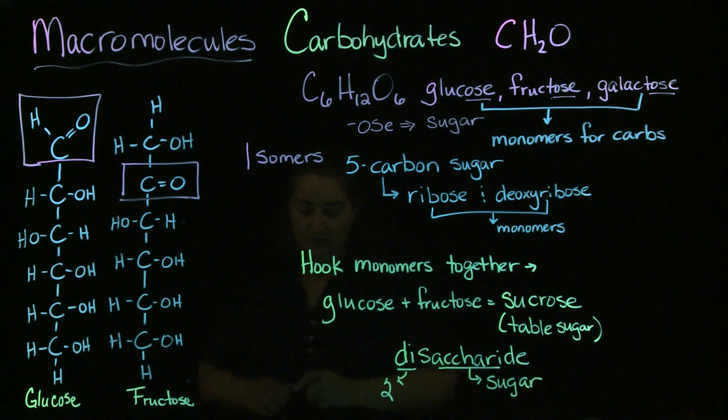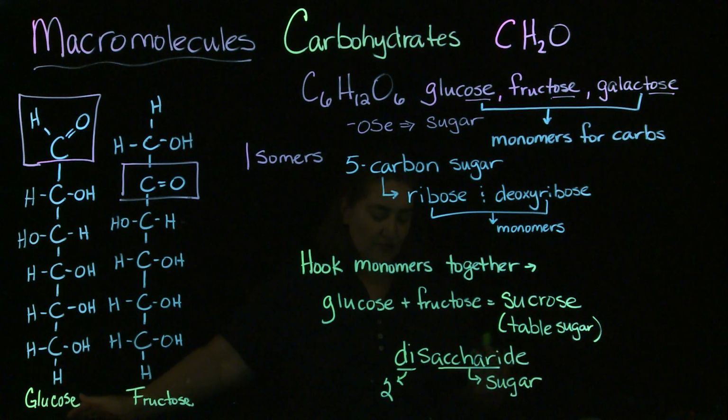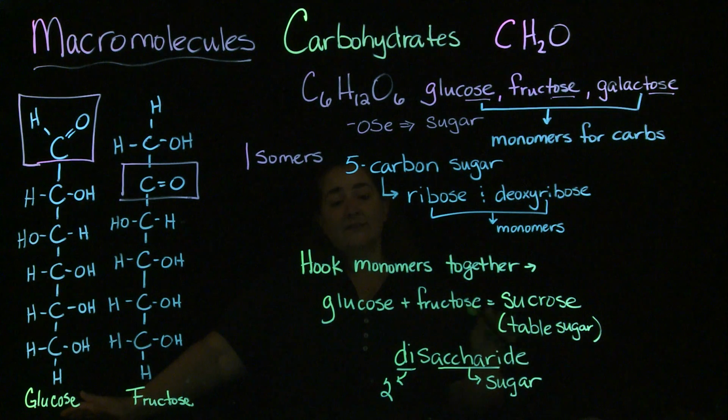So again, this is where breaking down words can help a little bit with the understanding of the terms. I'm going to stop here, and in the next video I'm going to continue talking about some additional disaccharides, and I'm also going to talk about some polysaccharides as well.